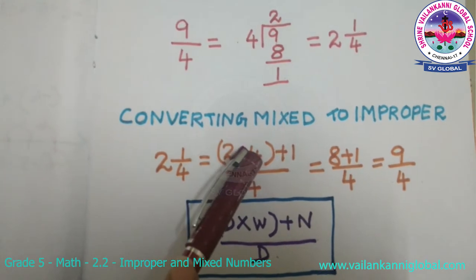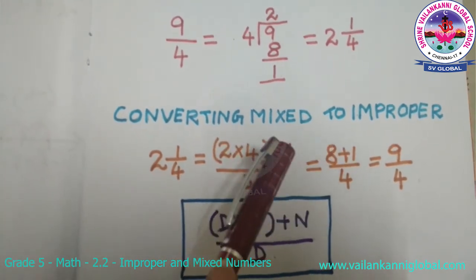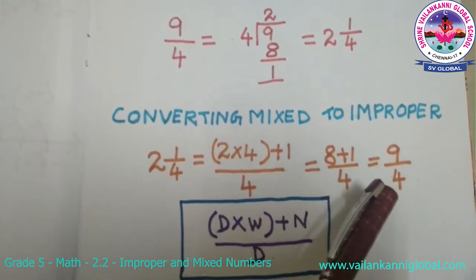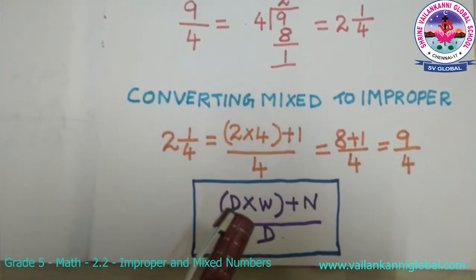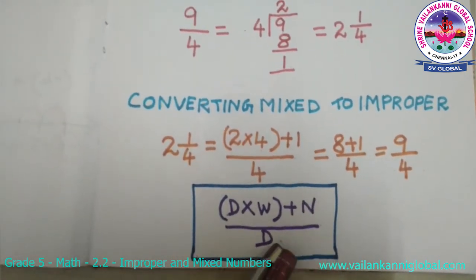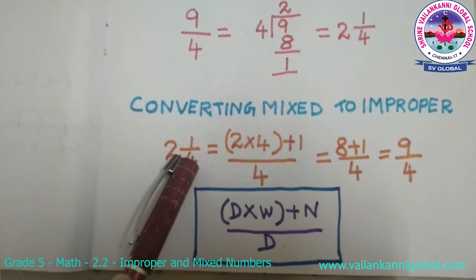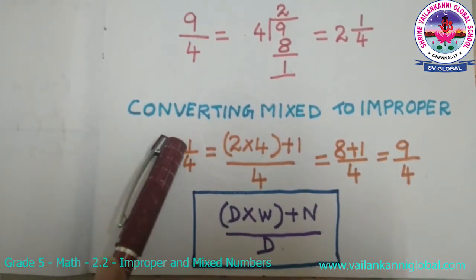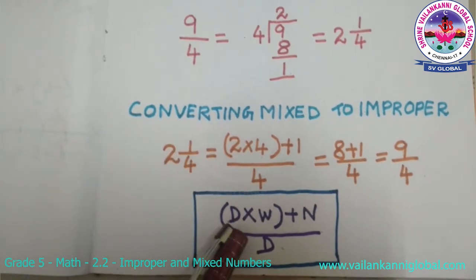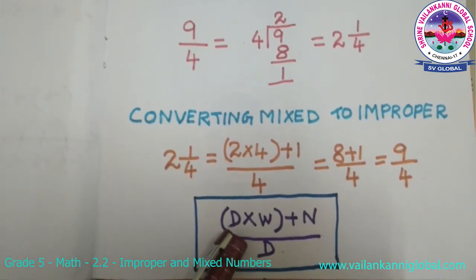So 2 times 4 is 8, plus 1. That is 9 by 4. This is the way to convert mixed to improper: denominator into the whole plus the numerator, over the denominator.